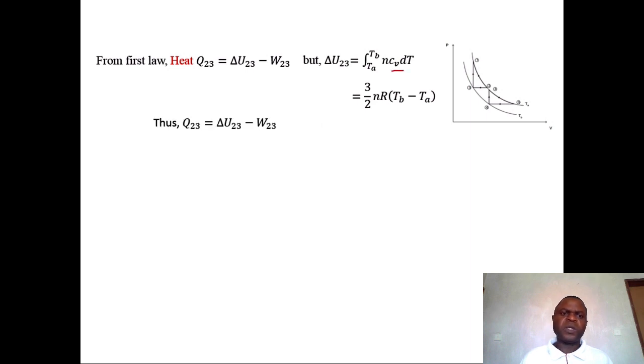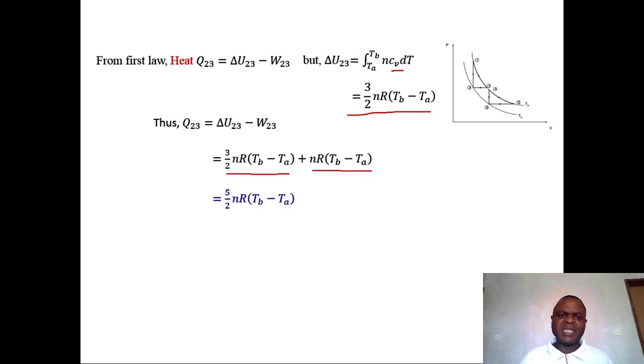So Q23 is equal to delta U23 minus W23, where we substitute the internal energy and the work we just calculated. Simplifying this expression, you get 5 over 2 nR in brackets TB minus TA. This is the heat flowing in part 2 to 3.